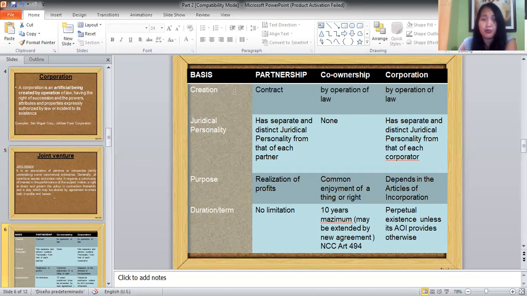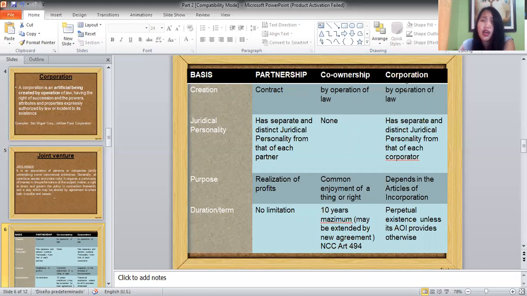Creation. Tayo sa pinakauna. Partnership, it is created by contract, di ba? Ang co-ownership, by operation of law. So, ang co-ownership, class, mostly kasi sa operation of law talaga ito, it's not really on contract.